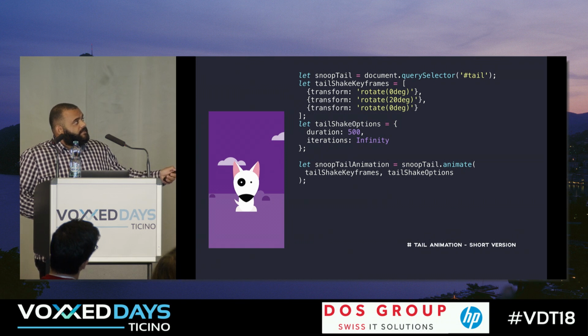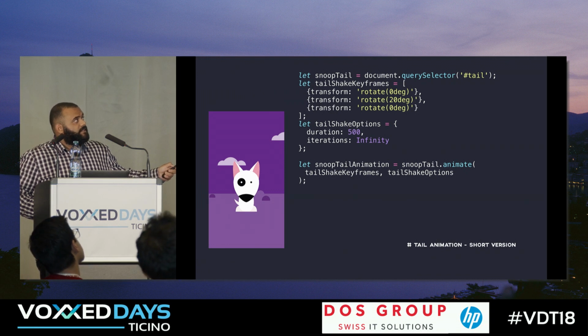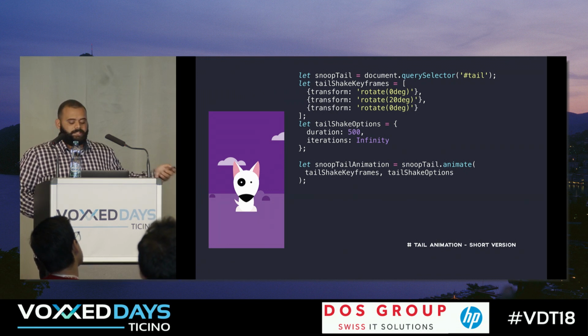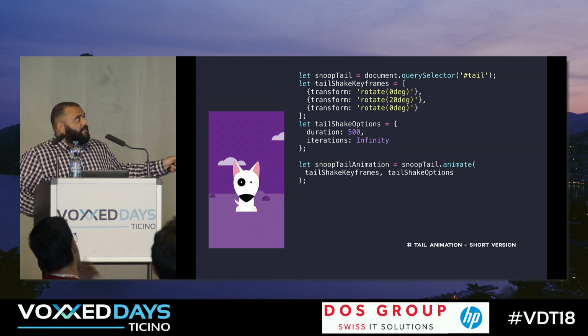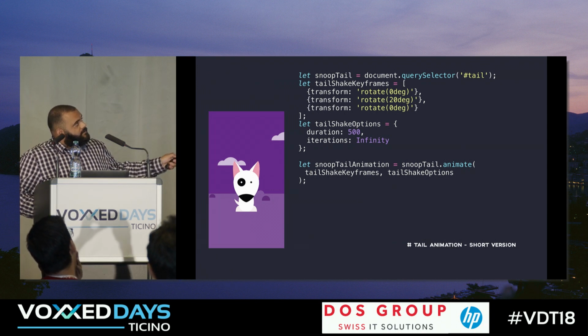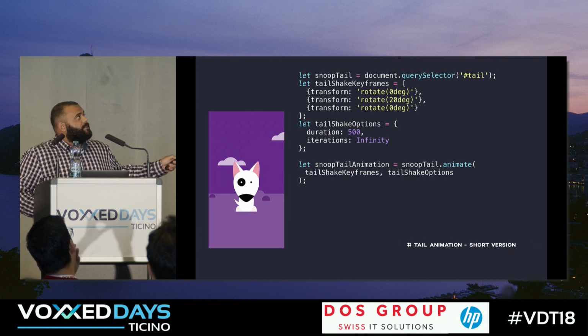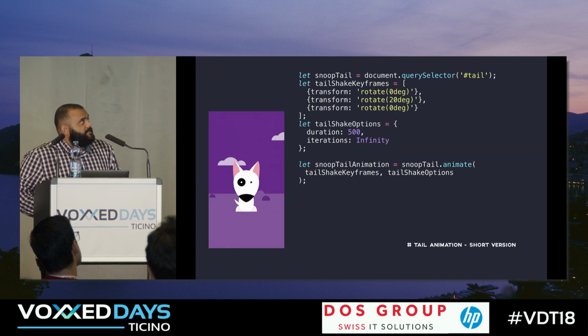Get the element dot animate. And then the first parameter, you send the keyframes, and the second parameter, the animation options. And that's all. You would have your animation here already, with, I don't know, 5 lines more or less.